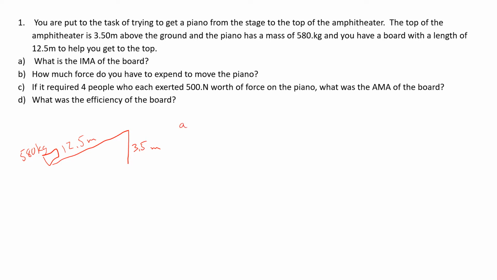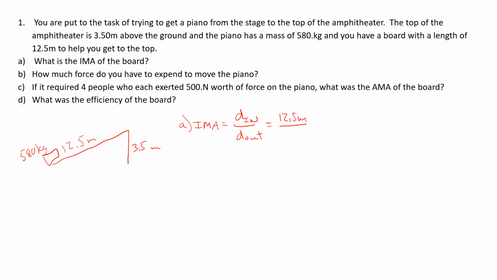So part A asks about the IMA, or the ideal mechanical advantage. And again, that's purely based on the distances. It's based on how much of a benefit we're getting by going 12.5 meters versus 3.5 meters straight up in the air. So that is going to be the D in over the D out. And again, the input is the side that we actually worked on, so that's the 12.5 meter side.